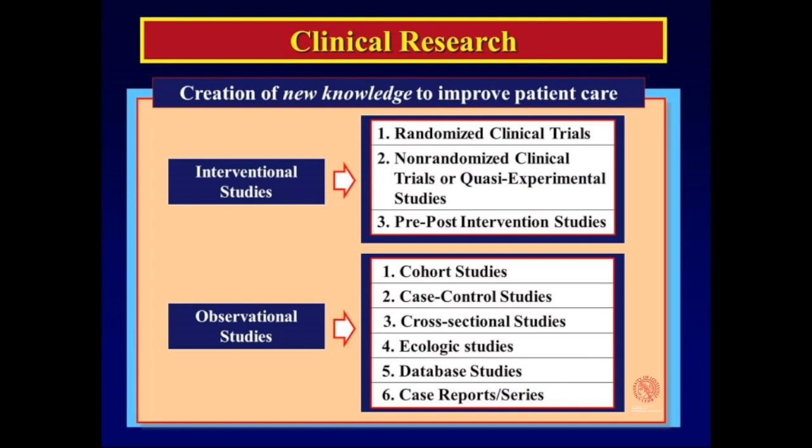And I want to emphasize here that when we do patient care and we look at the best evidence, even though the best evidence is coming from prospective, randomized, double-blind clinical trials, most of what we do with our patients is based on observational studies. Because 70 to 80% of what we know in medicine is based on observational studies.